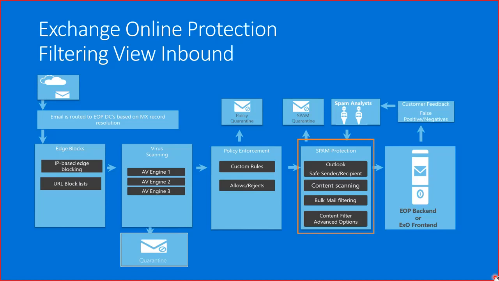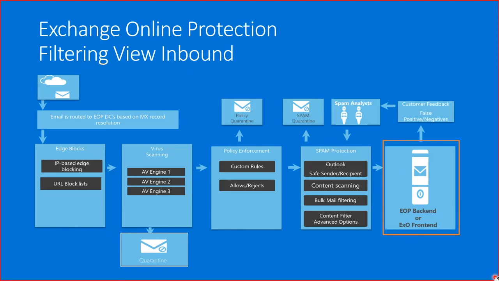At the spam filtering layer, messages are evaluated against bulk mail filtering based on the characteristics of the message. We also do the safe sender and block sender evaluation here. And then we have additional admin-level settings such as advanced spam filtering done in this phase. If the message clears this phase, it moves forward to be delivered to the mailbox.